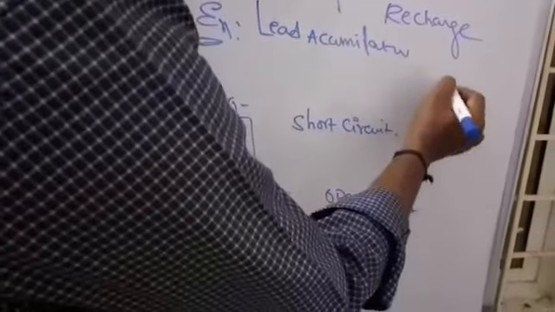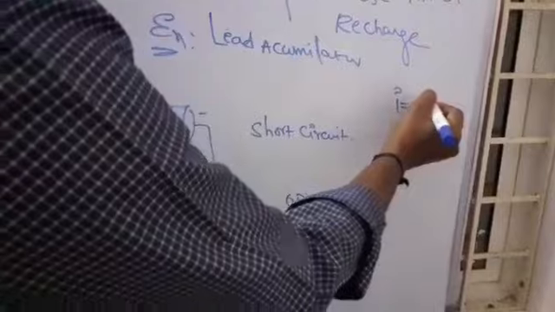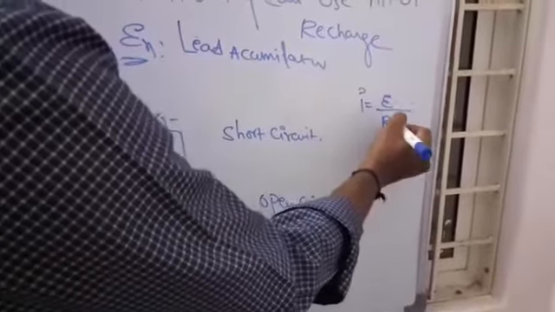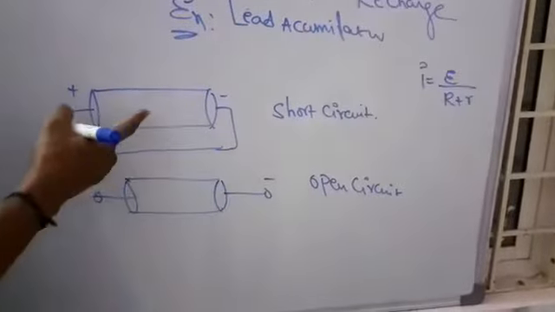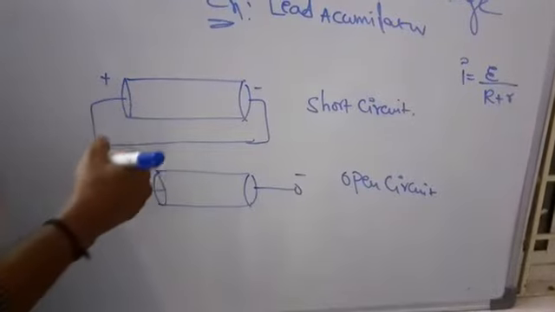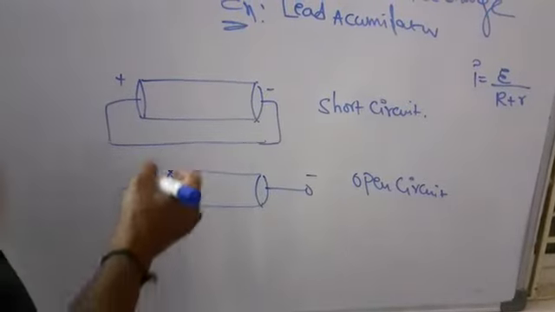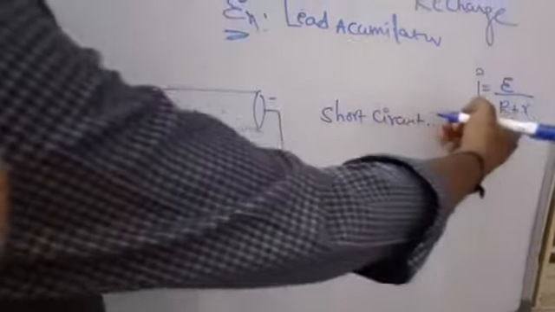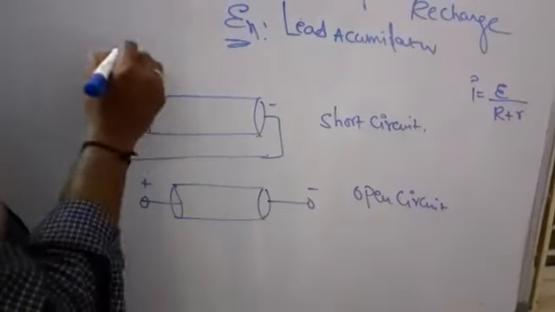The current through the cell formula is E by capital R plus small r. E is the EMF, capital R is the external resistance, and small r is the internal resistance.